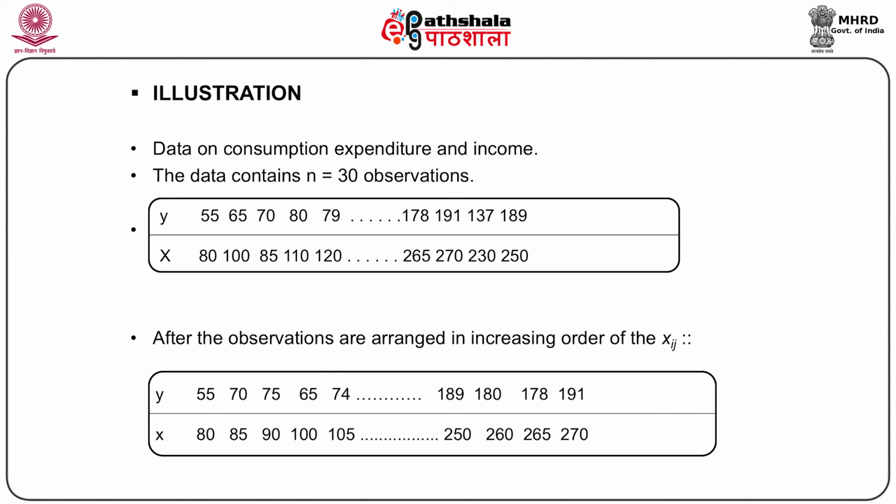Now, illustrating the Goldfeld-Quandt test using the consumption expenditure and income dataset. The following is the data on consumption expenditure and income. The data contains n equals 30 observations, which are presented in the following table. After the observations are arranged in increasing order of x i's, the dataset looks like the following table.